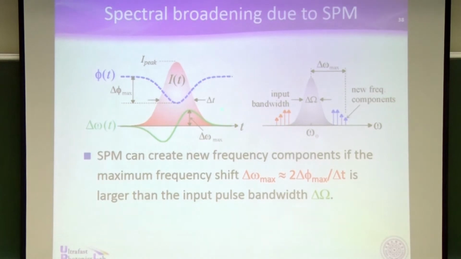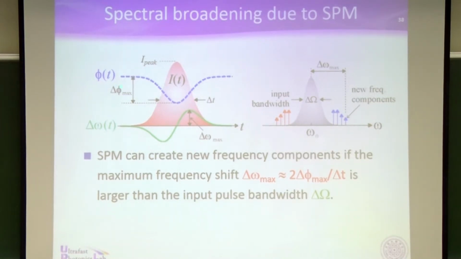You have a Gaussian input intensity I of t. You have a nonlinear phase modulation curve with a central valley. But here I designate the maximum difference of your phase function, or phase modulation function, as delta phi max. Okay? And you can imagine the higher your peak intensity, the larger your delta phi max, right?